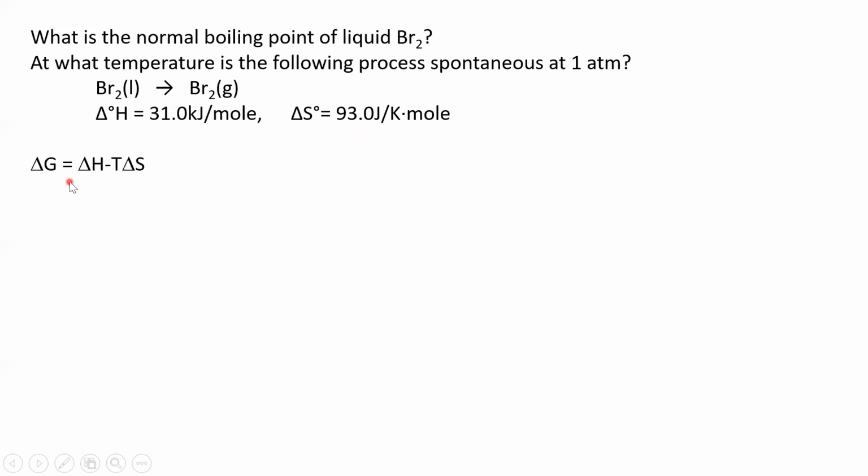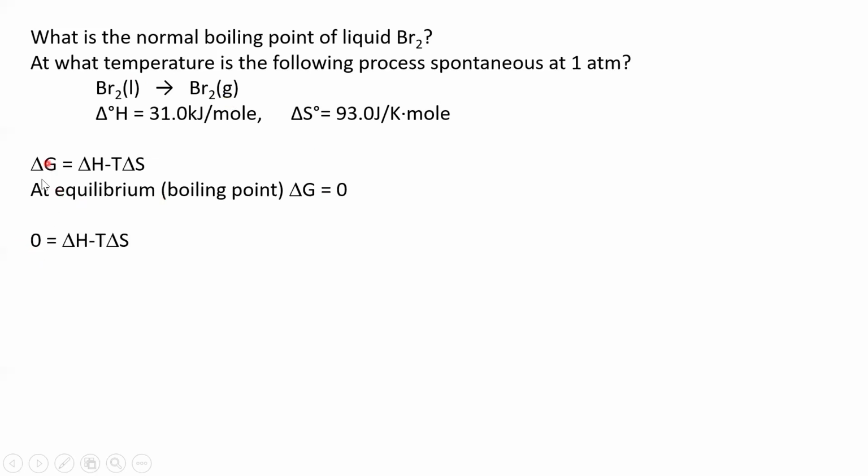So let's look at our Gibbs free energy equation, and we want to calculate the temperature. So we'll just do a little bit of algebra here. We're going to first define boiling point. Boiling point is the point at which the liquid phase and the gaseous phase are at equilibrium. So delta G is going to equal 0.